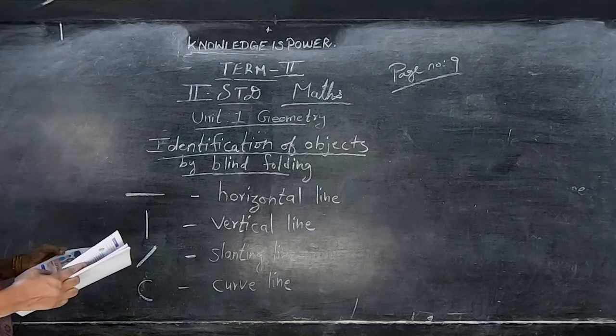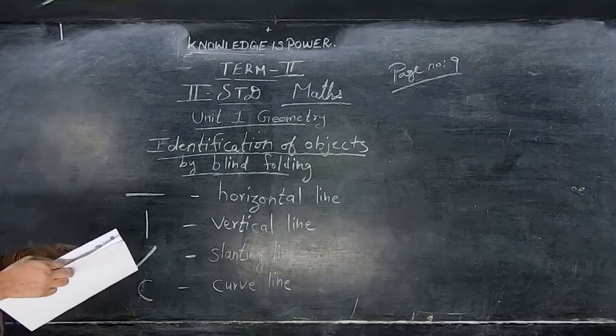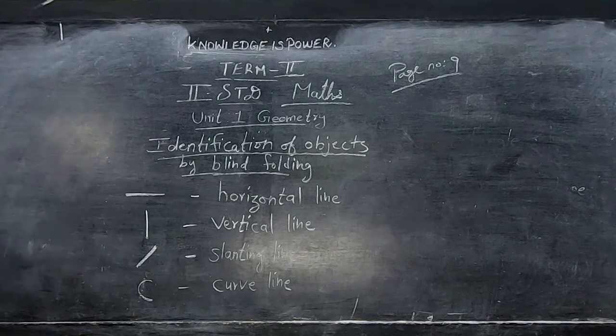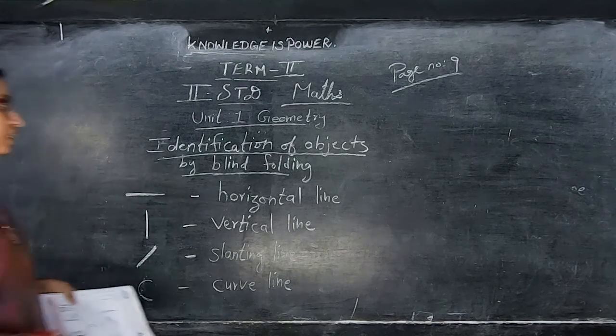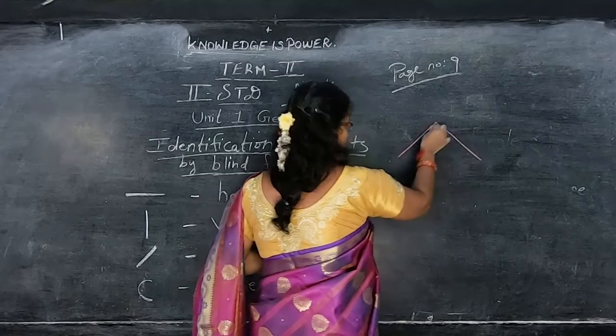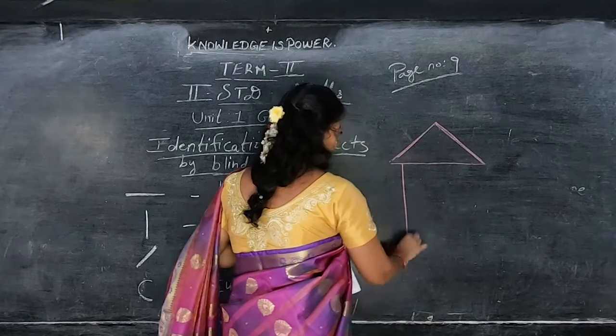For example, I am drawing one figure and in order you need to say what line. See, I am going to draw one house. Okay, and name. See here.